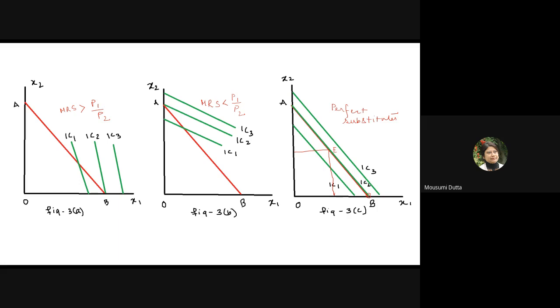You are already familiar with figure 3A and 3B. And here I have added one more diagram, 3C, where the ICs are parallel to the budget line. The budget line in every context is given by AB. In the third context, the budget line is merging with one of the ICs because the slope of the indifference curve and the budget line is equal. So there are three possibilities, 3A, 3B, 3C.